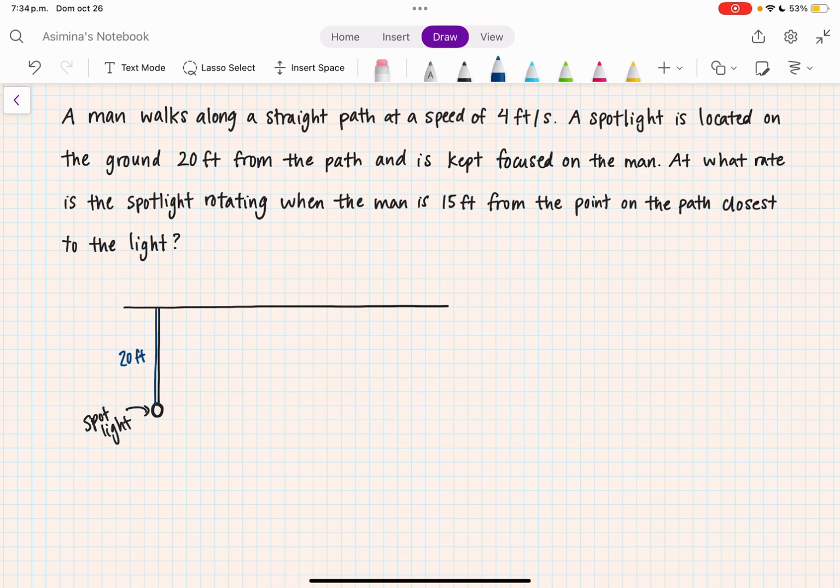And let's say the man is over here, and we'll label this distance x. So x will be the distance from the man, so I'll write x equals distance from the man to basically the point on the path that's closest to the spotlight.